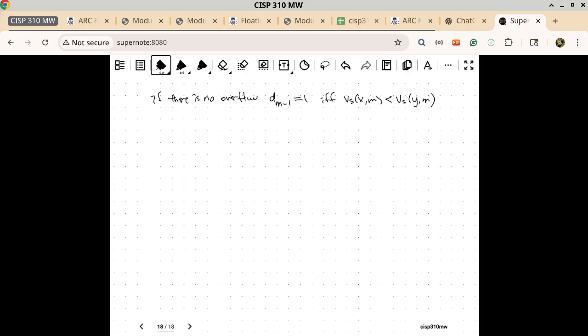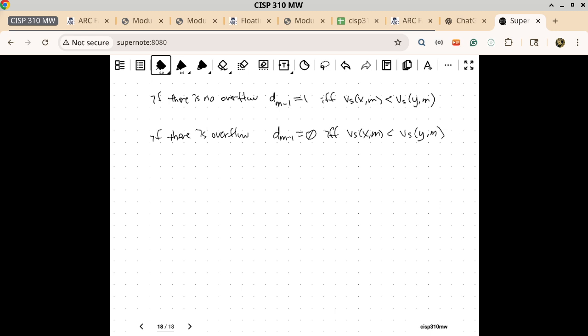If x minus y is negative, the sign bit of the difference should be a 1. Cool, except when it is out of range. So now the question is, how can we detect this overflow? On the next statement, we say if there is overflow, then it is opposite: d subscript m minus 1 is a 0 if and only if vsxm is less than vsym.